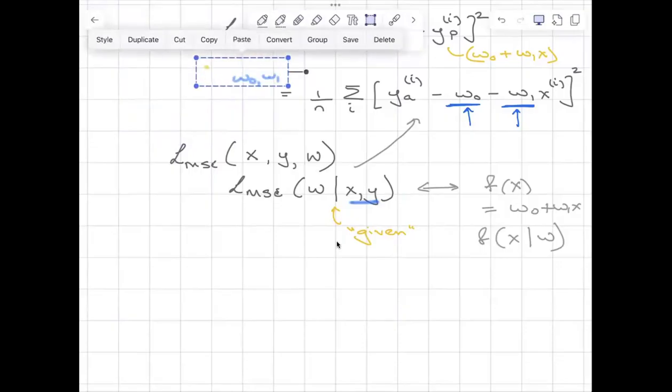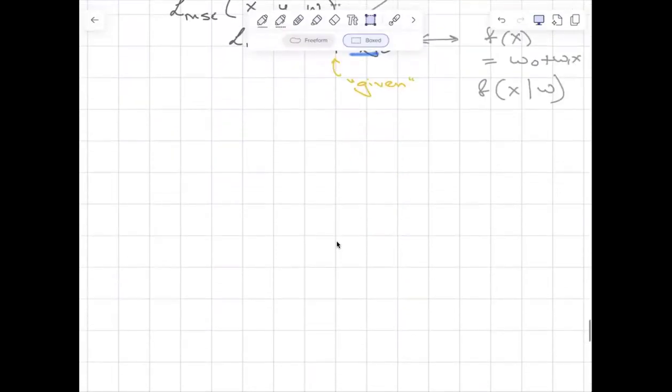Now let's talk about what happens with perceptron. It's the same thing because in a perceptron, hang on. Okay, let's be consistent.